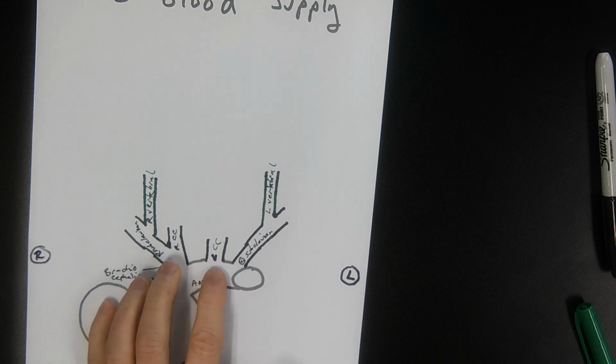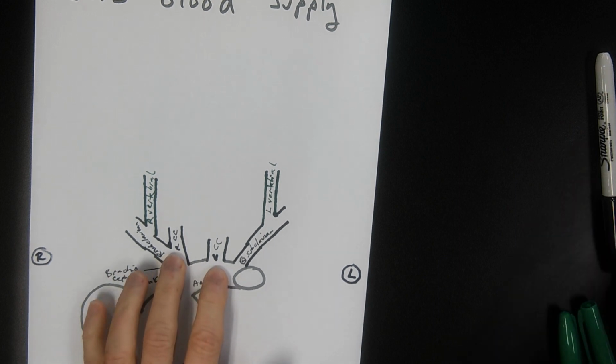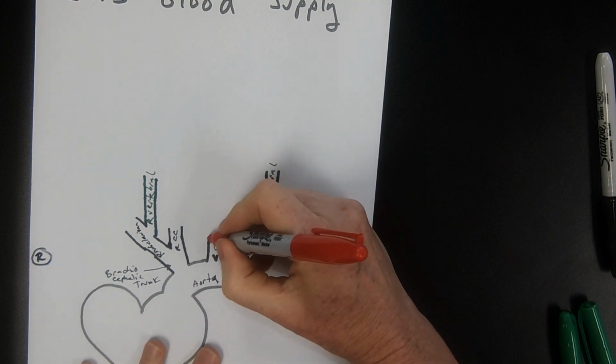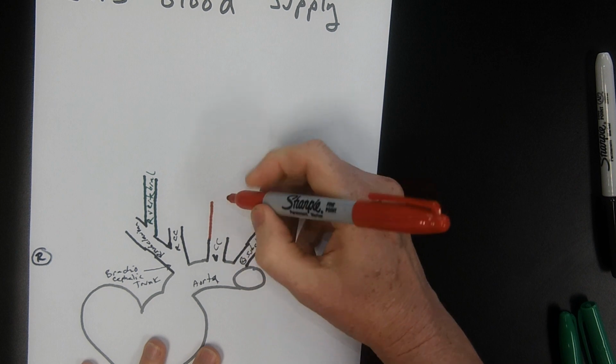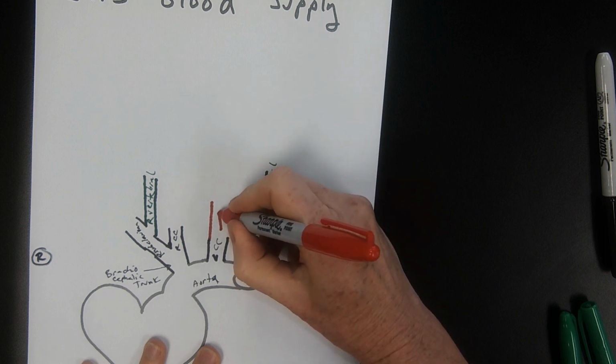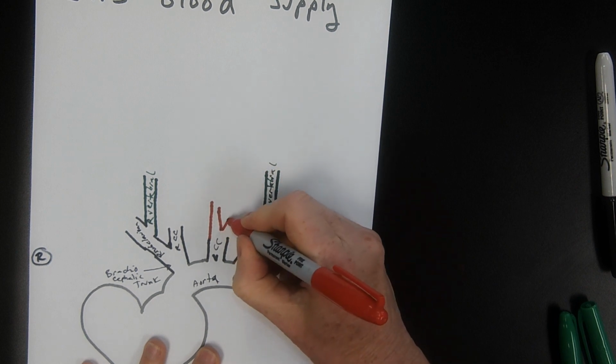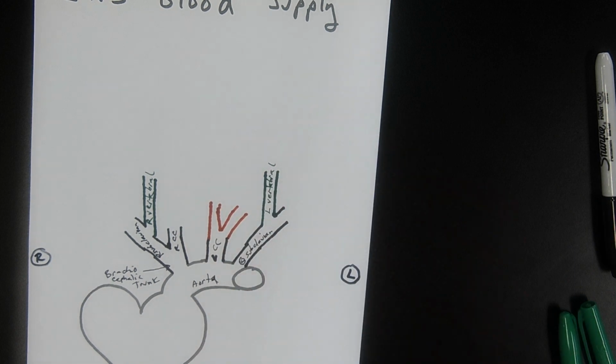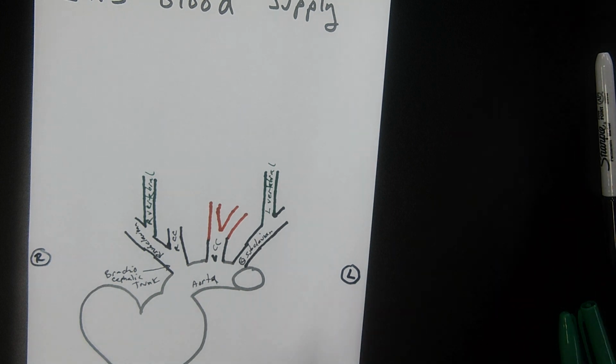And then you have your common carotid. Your common carotid splits into two different arteries. I think that's split here. Does anybody remember what the common carotid splits into? Yeah, internal and external.